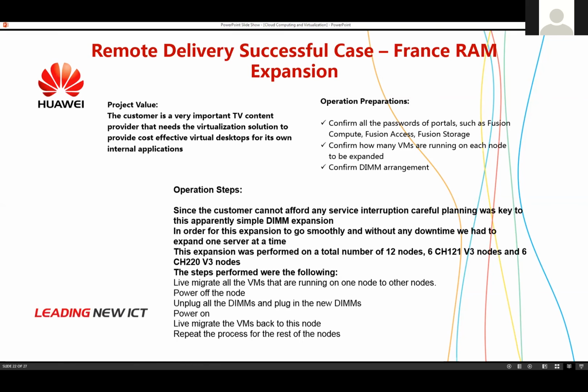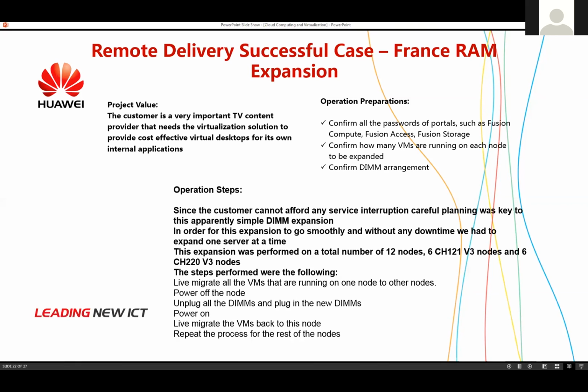We're going to migrate all the VMs from server 1 to another server. Then we power off this server. We plug in the new memory, power on, make sure everything is okay and that the new memory is recognized. Then we migrate the VMs back. Then we proceed to the next blade, and so on and so forth.